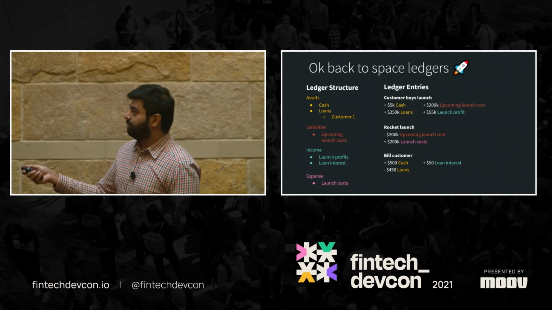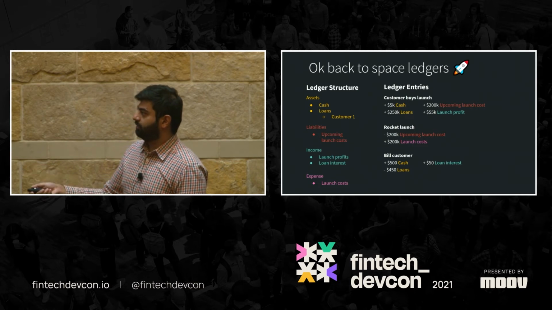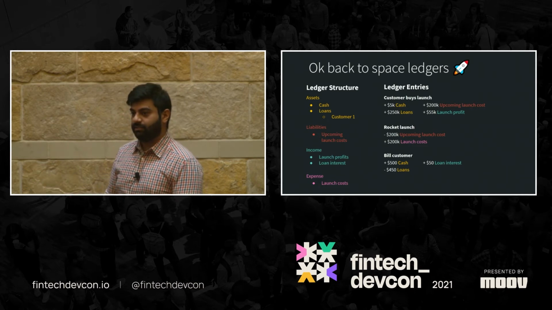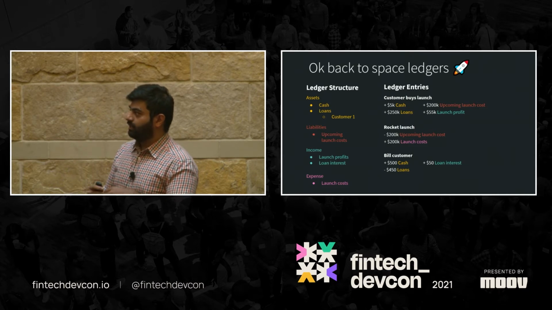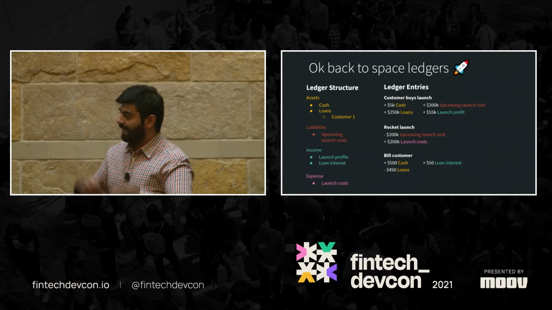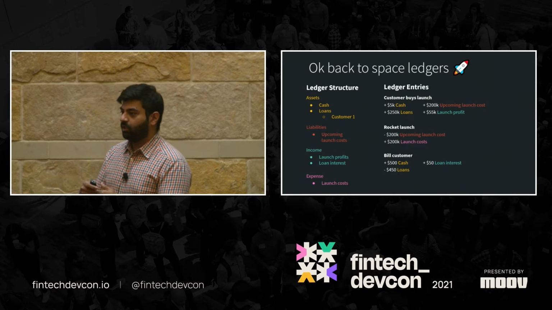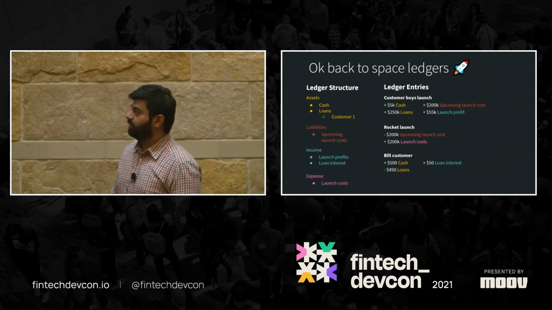You track that by adding it as a liability, an IOU: whenever I do launch, I need to have enough money, because I'm going to owe money in the future since I'm going to go buy a launch.